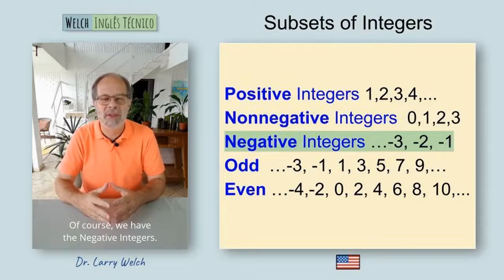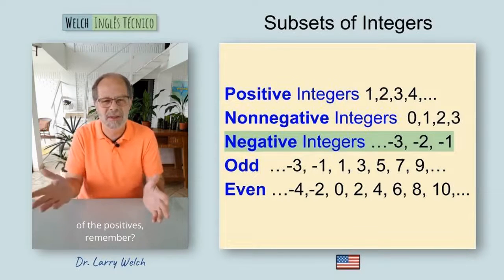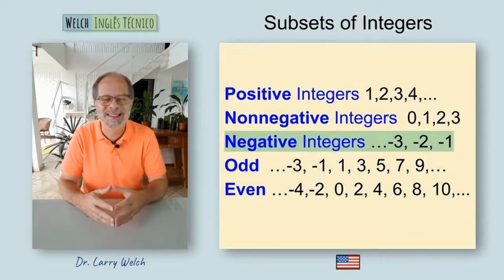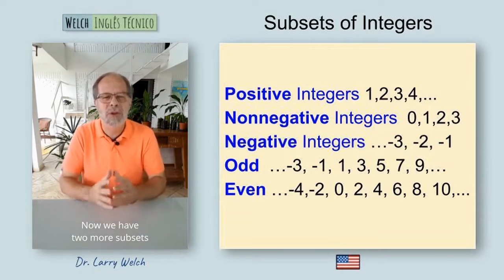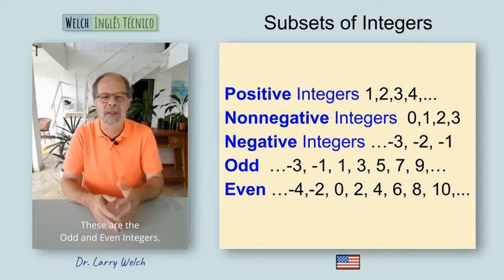Of course, we have the negative integers. These are the additive inverses of the positives, remember? So the negative integers. Now we have two more subsets that we often mention together. These are the odd and even integers.